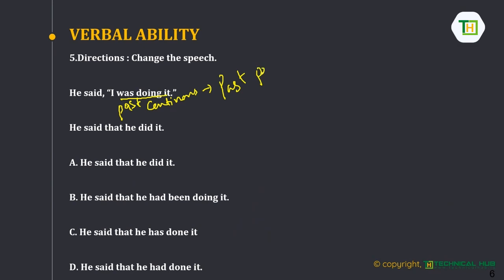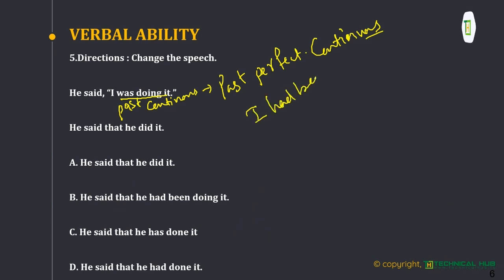Past perfect continuous tense. So what is the formula of the past perfect continuous tense? The formula should be like this. For example, "I had been writing a letter."